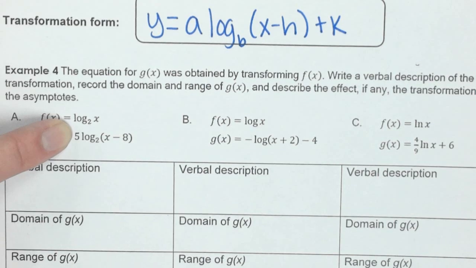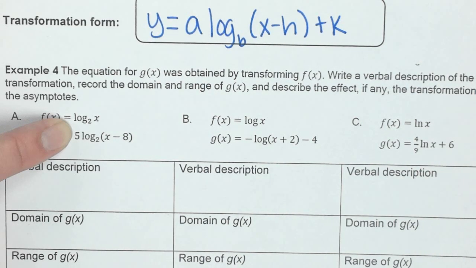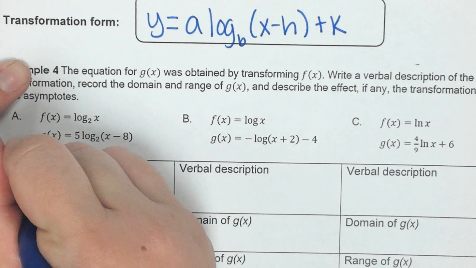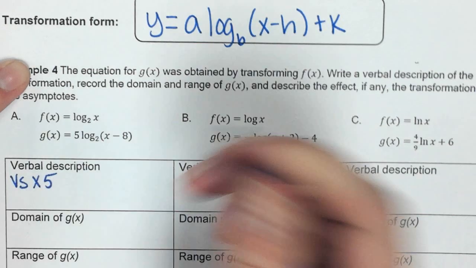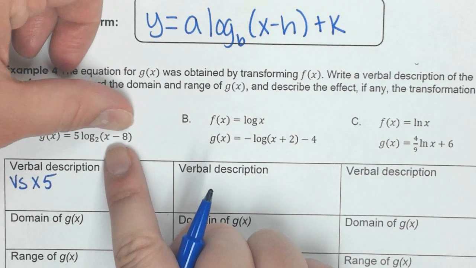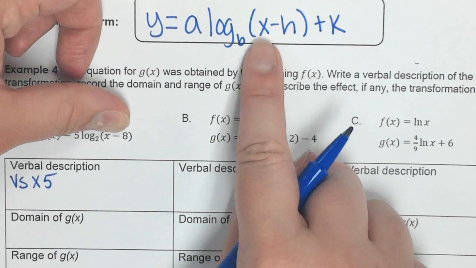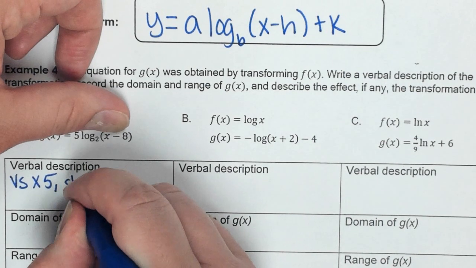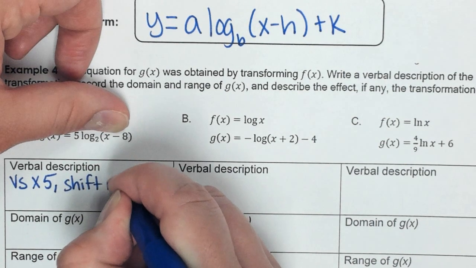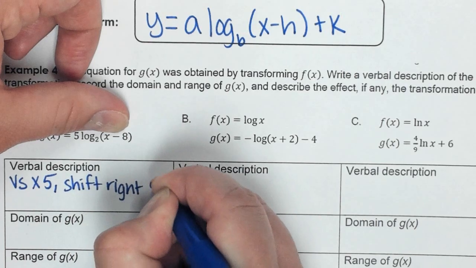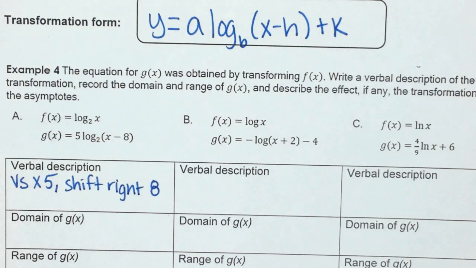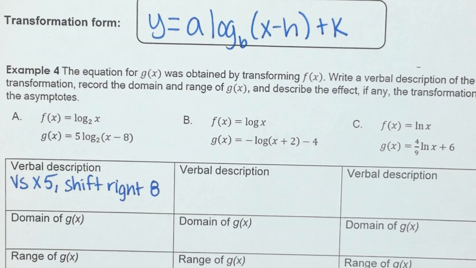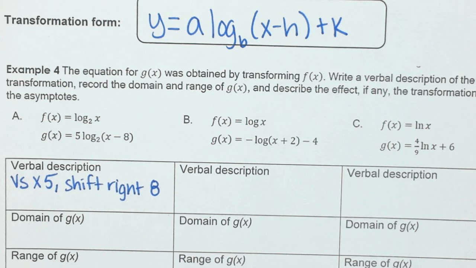Oh, it's a vertical stretch of 5. And then this minus 8 in the parentheses means what? Shift right 8. Okay? So that's all we're going to put there.